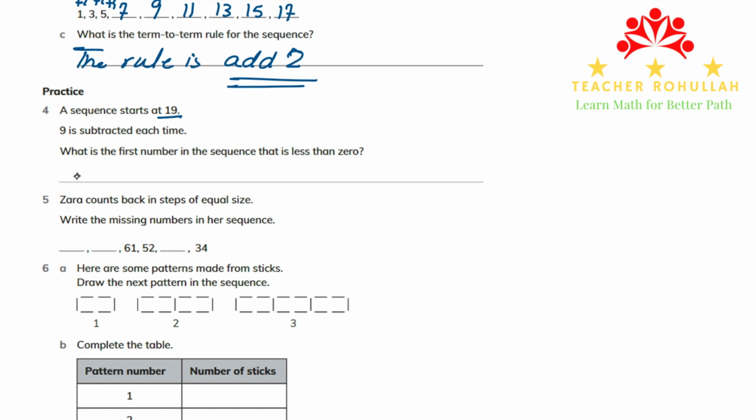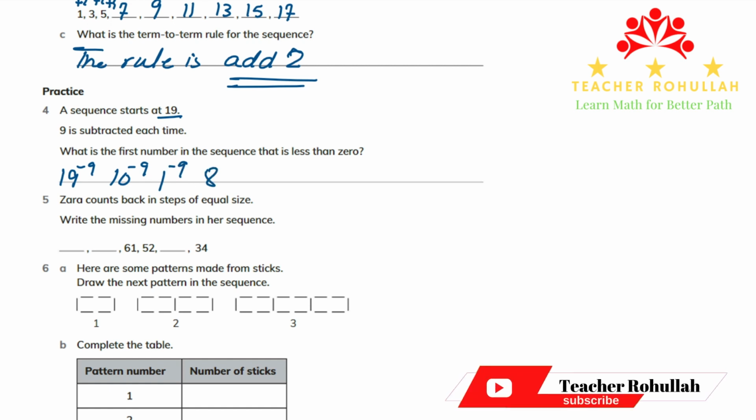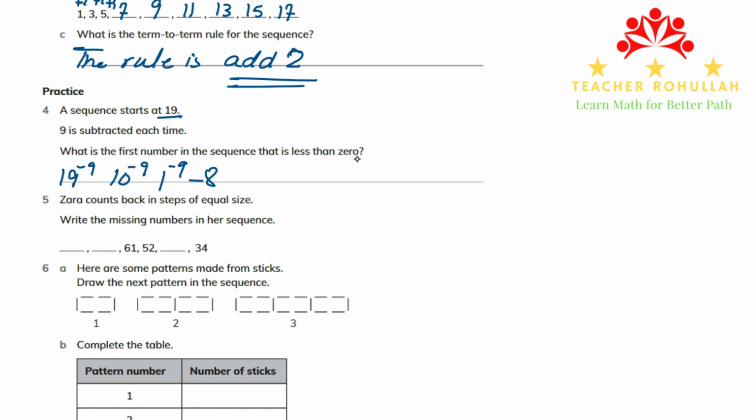So let me write it down. 19 minus 9 is 10. 10 minus 9 is 1. 1 minus 9 is negative 8. So the first number in the sequence that is less than 0 is negative 8.